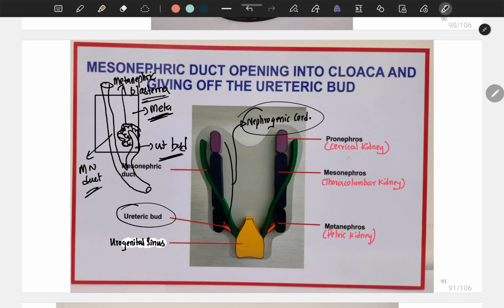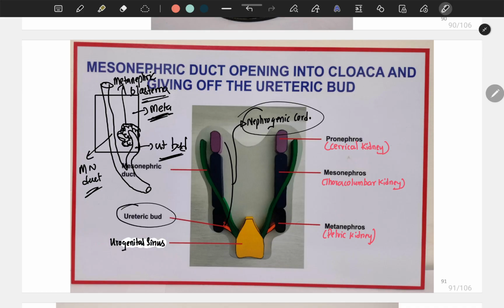Now coming to the uteric bud. This bud gives the derivatives: collecting duct and further renal papillae, major and minor calyx, next the renal pelvis, and last the ureter.